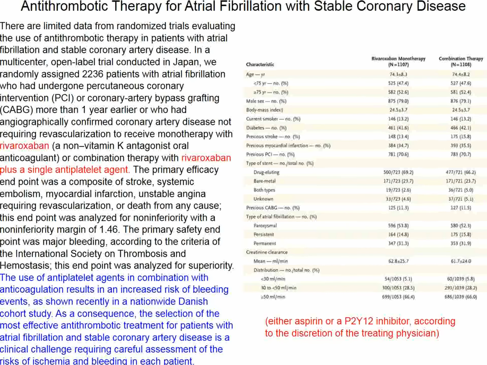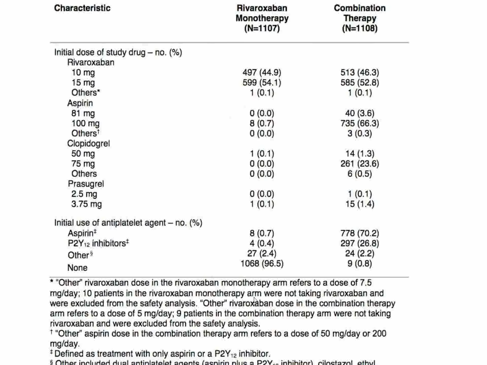This study was performed in Japan in patients that had stable coronary disease but nevertheless had atrial fibrillation, and they were randomized to a treatment of rivaroxaban at 2 different doses, once daily. One group got rivaroxaban alone.